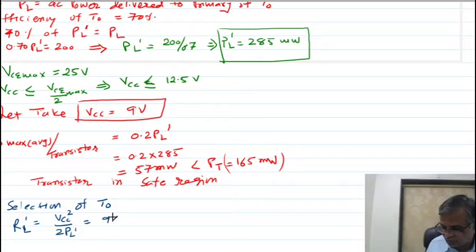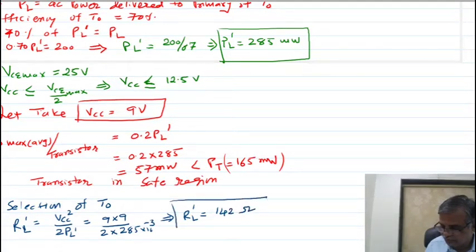VCC I decided to take 9 volt. So 81 upon 2 PL dash is nothing but 285 into 10 raised to minus 3. From this, if you calculate the value of RL dash, it is coming to 142 ohm.